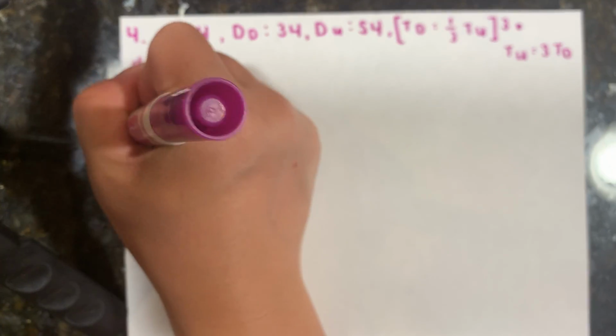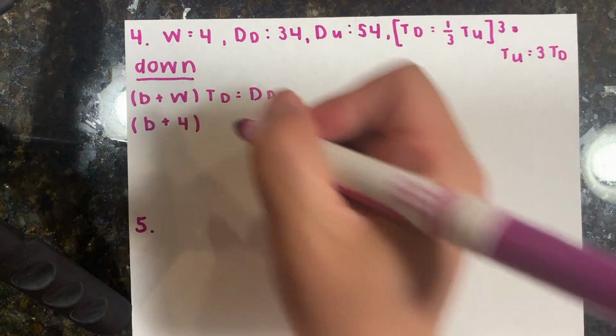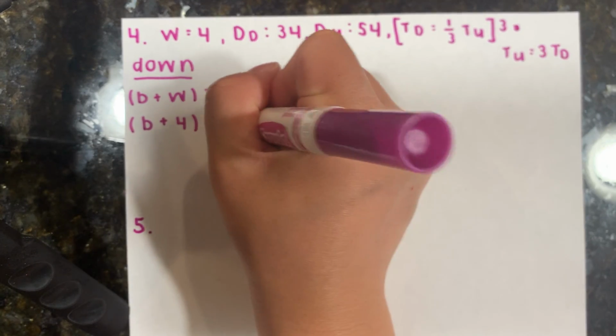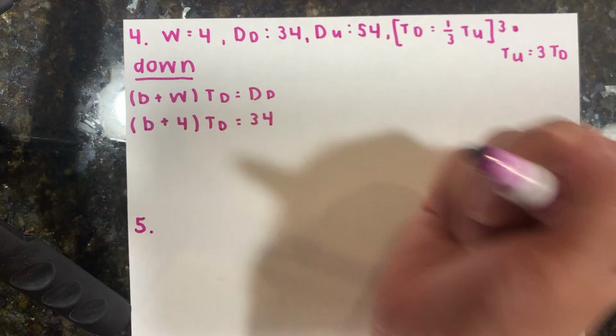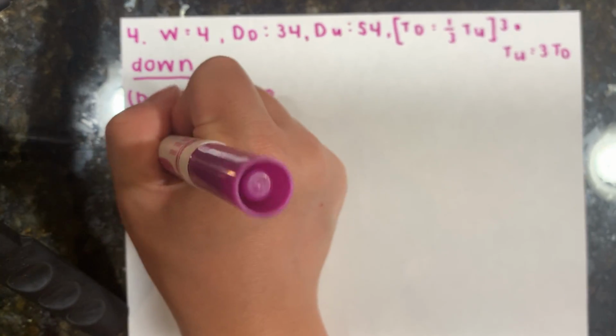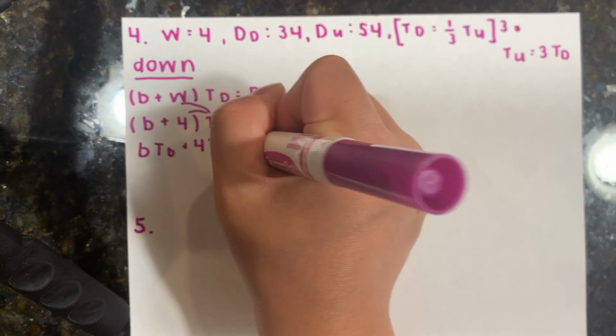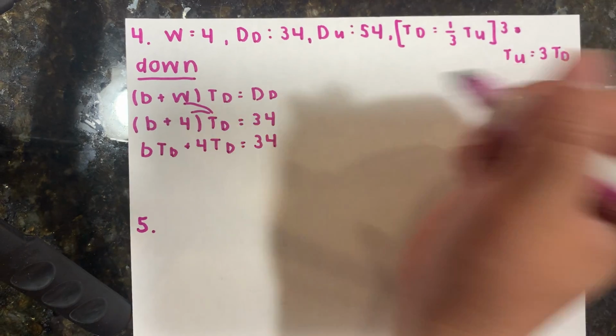My B, I don't know, so it's going to be B plus 4 times TD equals 34. Distribute: B TD plus 4 TD equals 34.